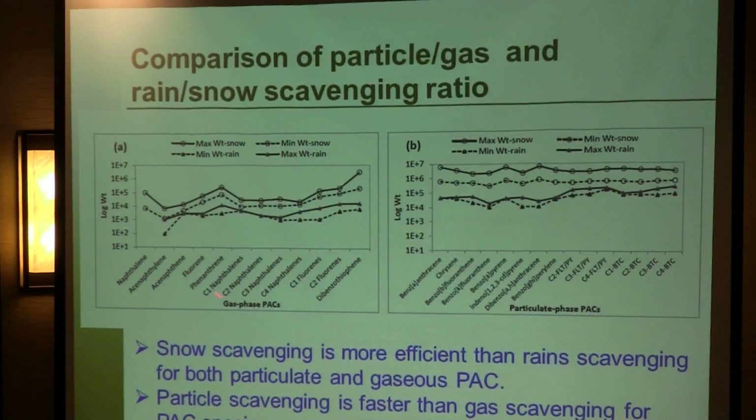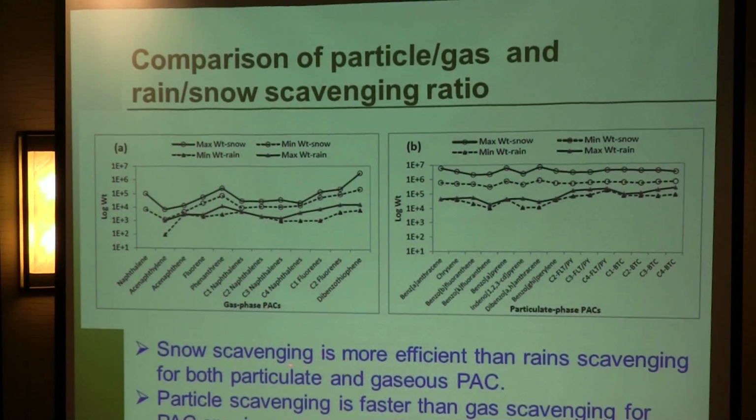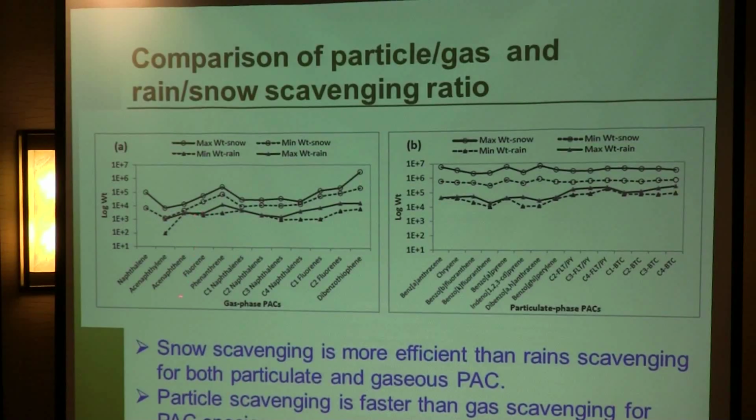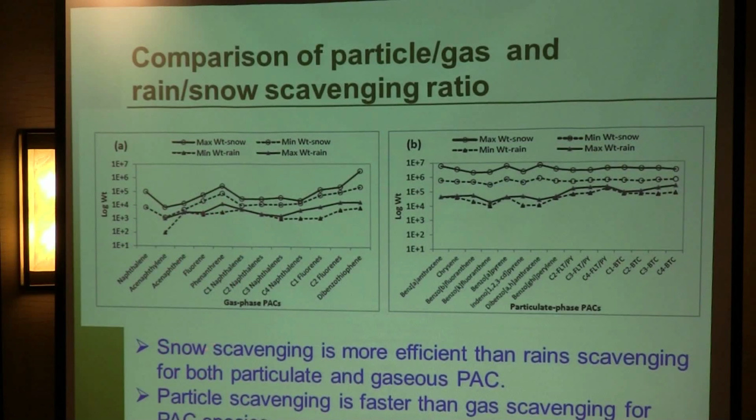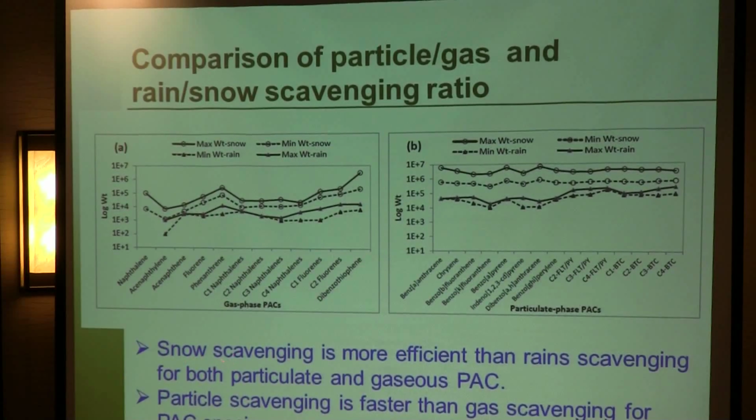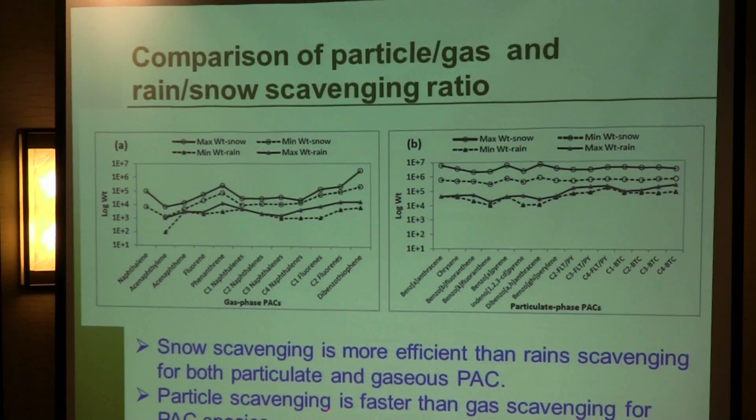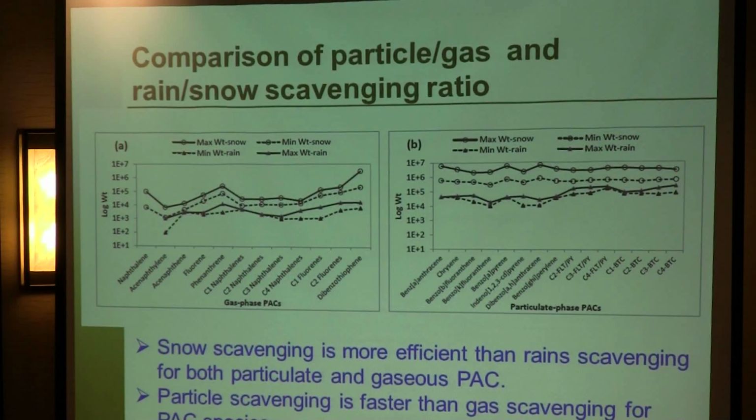So we grouped them, and we have both snow scavenging and rain scavenging. We compared the scavenging ratio and generated some new knowledge. For example, we found that snow scavenging is more efficient than rain scavenging for both particulate and gaseous species. And particle scavenging is faster than gas scavenging for PAH species, at least for this group of species.